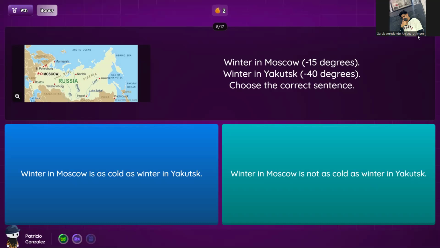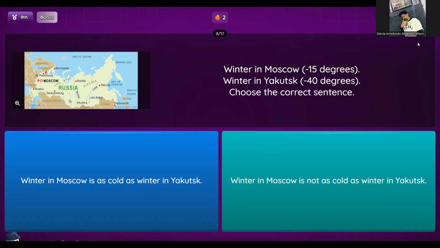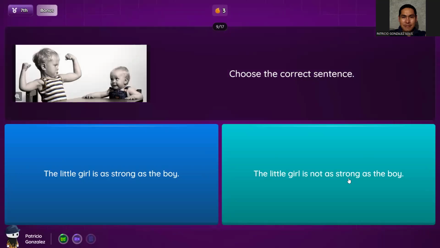Winter in Moscow is not as cool as winter in Yakutsk. So, the second, right? Yes. Wow, that's good. Thank you very much, my dear Alejandro Arturo. Great job.